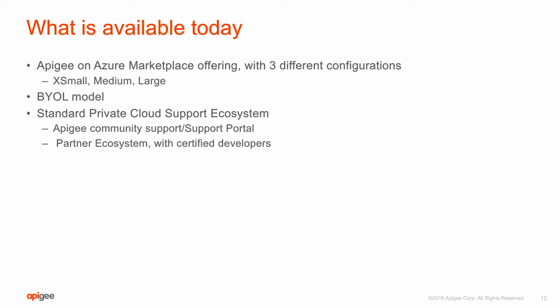So we have an Apigee VM that Azure customers can launch from Azure Marketplace, and we are looking at providing multiple configuration options. These are pretty standard private cloud configurations that we see our customers using today, right? But what we have done is tailored them to the Azure ecosystem, kind of put them in t-shirt sizes.